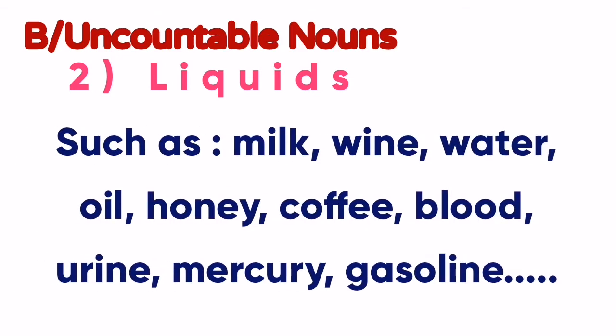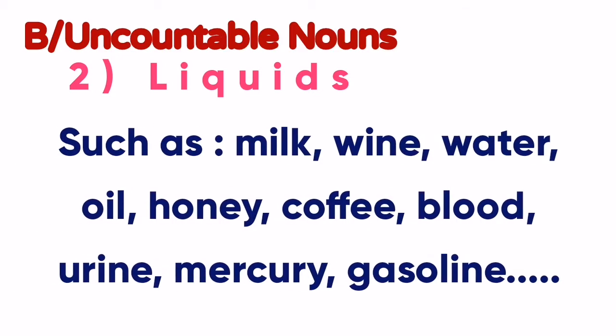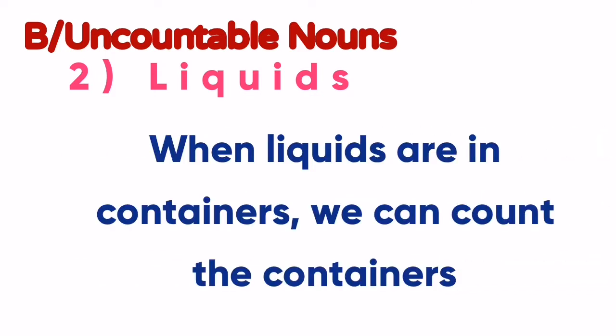Now, let's talk about liquids. Liquids such as milk, wine, water, oil, honey, coffee, blood, etc. are uncountable nouns. So we can't say one milk or a wine. But here's the thing: when liquids are in containers, we can count the containers, but not the liquid.